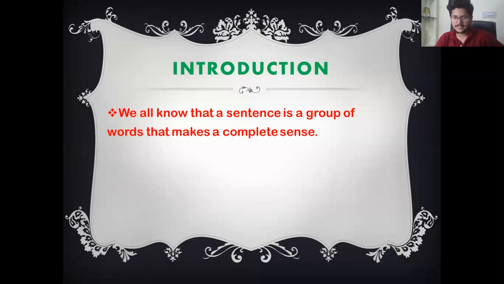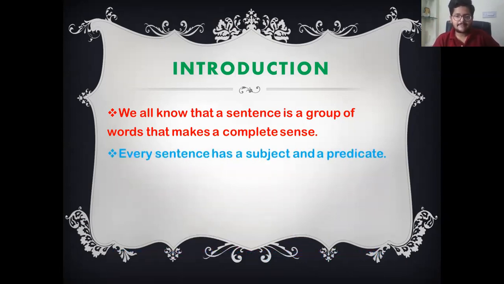This means that if you are able to understand the group of words arranged in an order, if you are able to get a meaning of those group of words, then that will be a sentence. So what is a sentence? A sentence is a group of words that makes a complete sense.